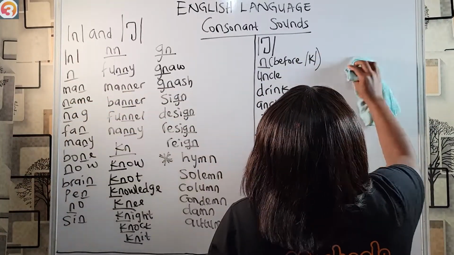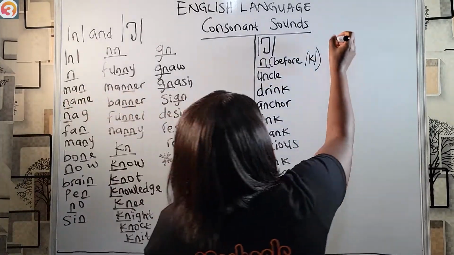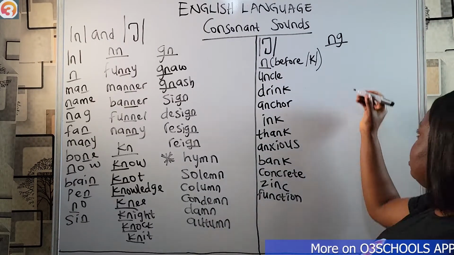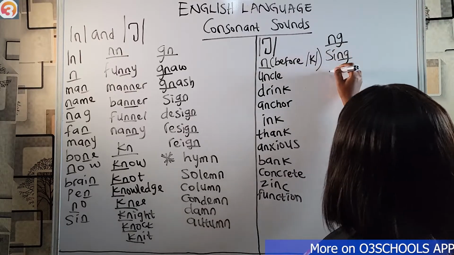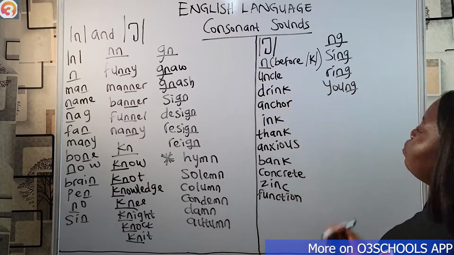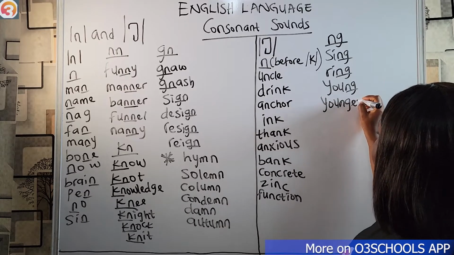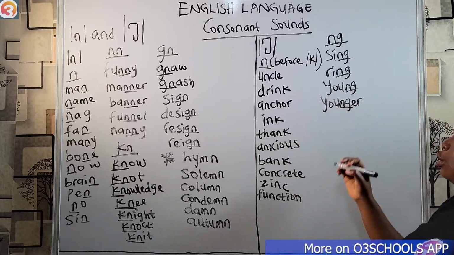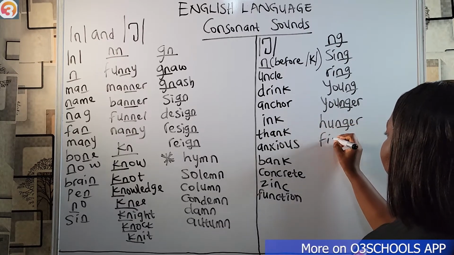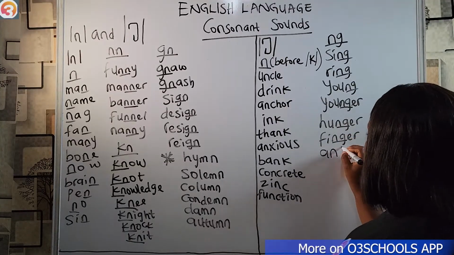So apart from N coming before k sound, we can also find the ng sound at the end of words. It could be at the end of the word, for example, sing, ring, young, or even the derivative of young, yang, or it could be in the middle of the word, hang, finger, anger.